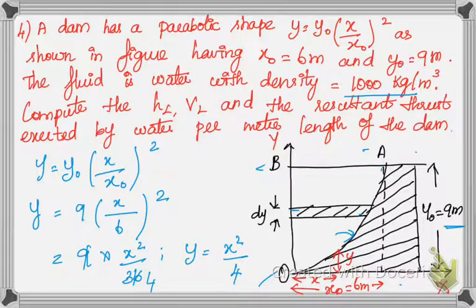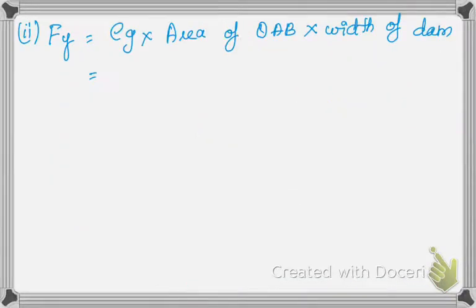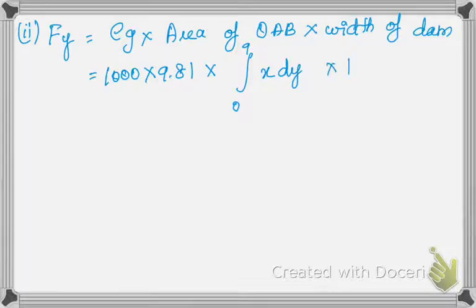So the limits are known to us, and the equation is also known to us, and it will be easier for us to find our area in this manner. So I am writing here rho is 1000, g is 9.81. I am taking the limit to be 0 to 9 meter into x dy into 1.